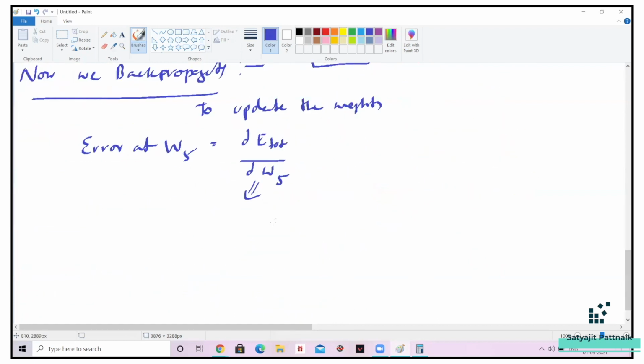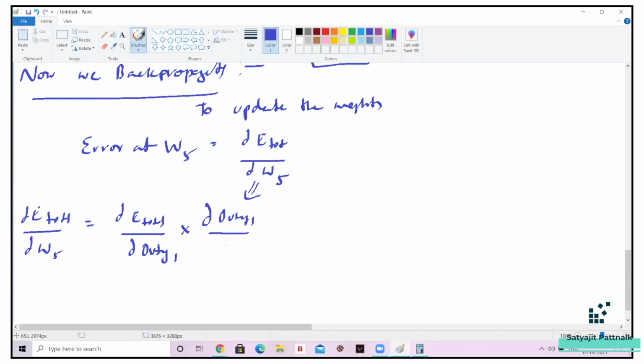So here we will have to use the chain rule of backpropagation. We'll apply the chain rule. What is the chain rule in depth? I will cover it in the next class, but try to understand it this way. The derivative of E total with respect to W5 is nothing but the derivative of E total with respect to out Y1, multiplied with the derivative of out Y1 with respect to Y1, multiplied with the derivative of Y1 with respect to W5.